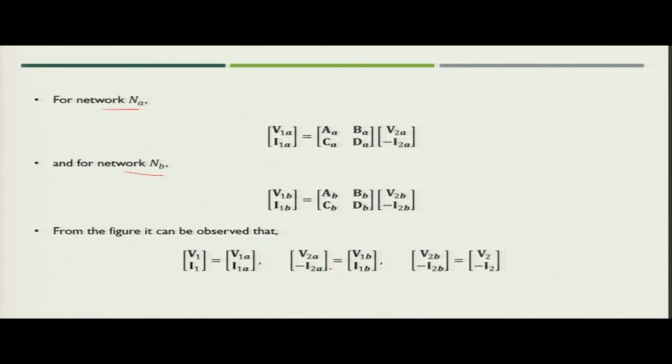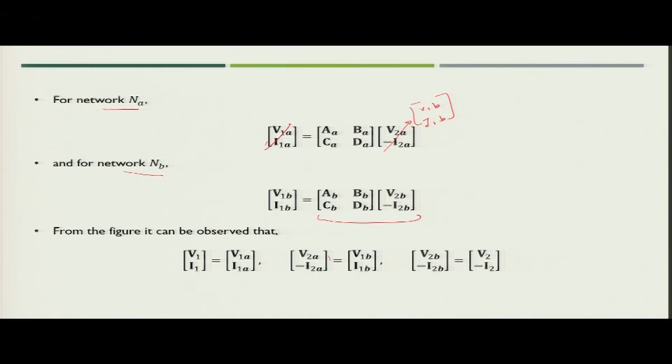Since we know V2A, minus I2A is equal to V1B I1B, we can replace it with V1B and I1B, and now we know that the value of V1B and I1B can be given by the ABCD matrix of network B multiplied by the vector of V2B, minus I2B.